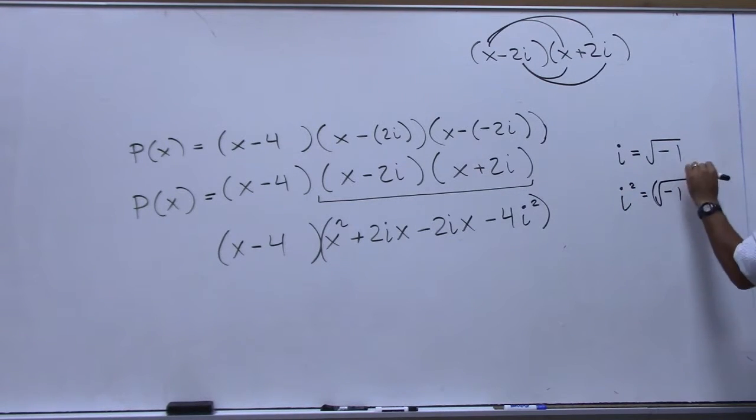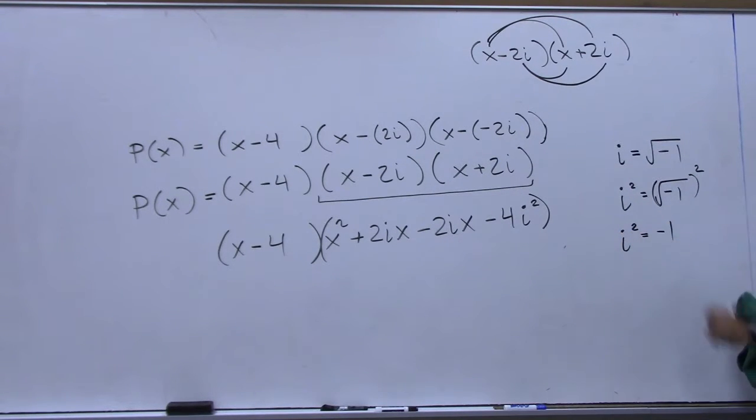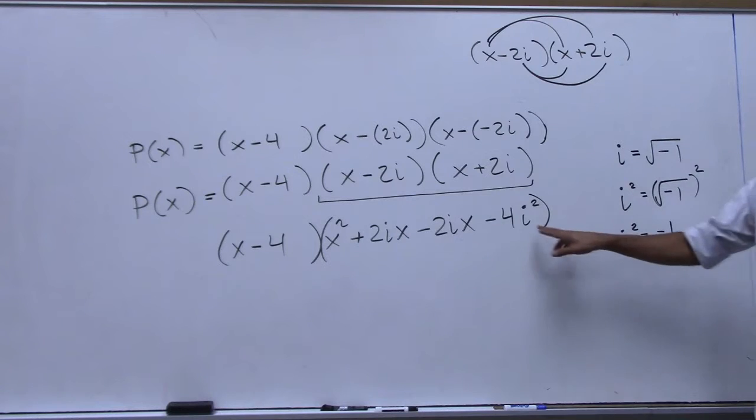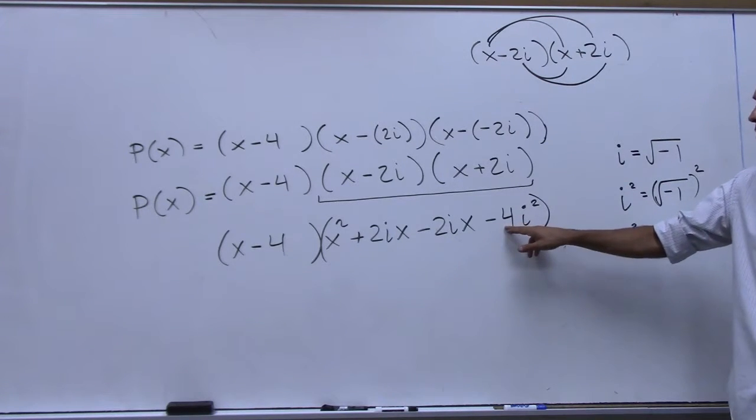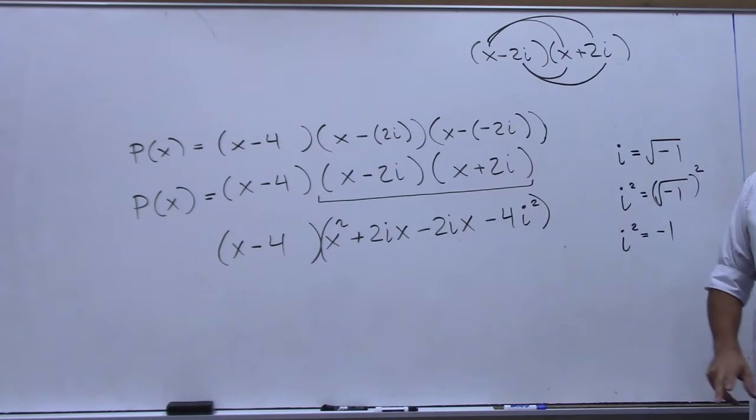You square a square root, the square root goes away, doesn't it? So I squared is actually negative 1. Which means that this is actually going to turn into negative 4 times what? Negative 1. It's plus 4.